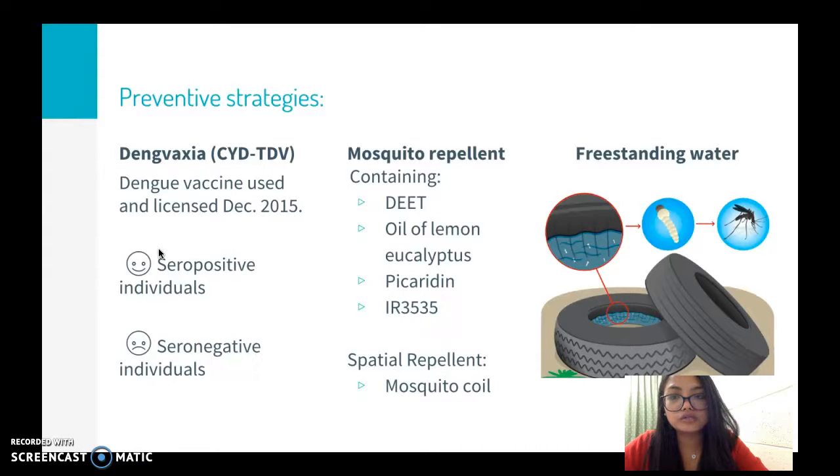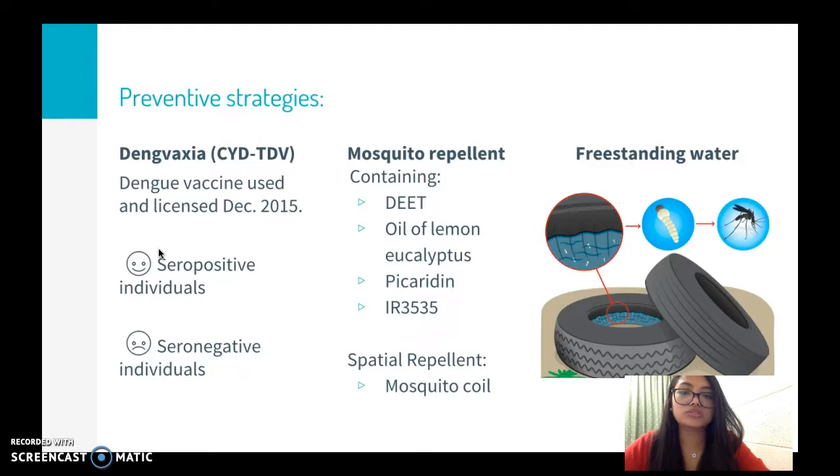Dengue fever or the dengue virus itself doesn't really have a cure, so you have to prevent it as much as possible. The first dengue vaccine was made by Sanofi Pasteur, licensed in December 2015 in Mexico. The vaccine is used in endemic areas.